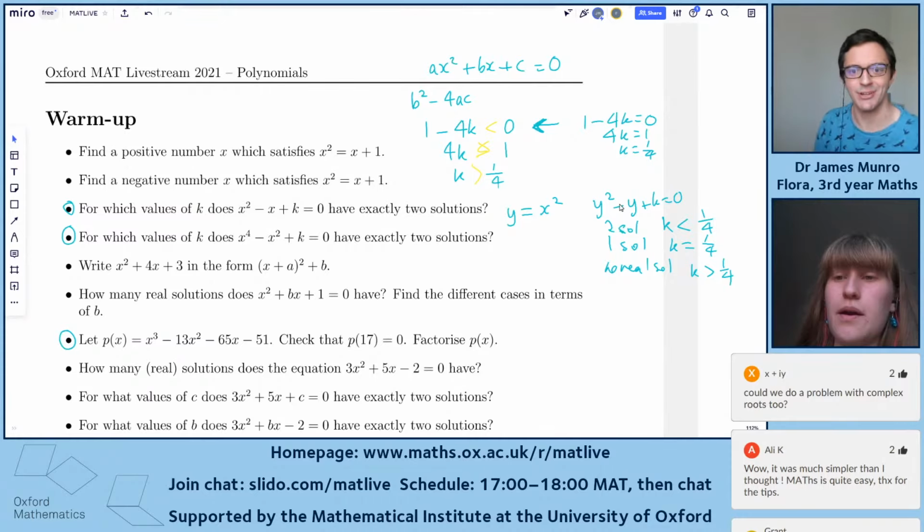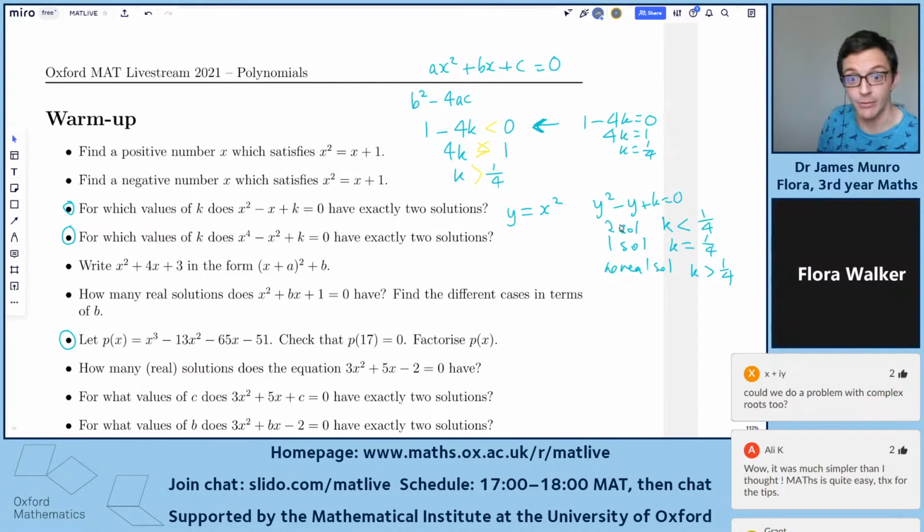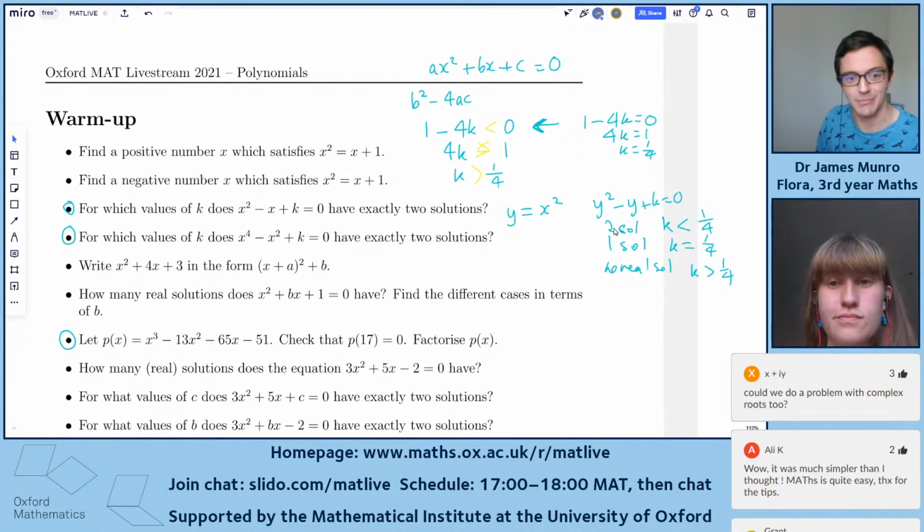So I've got to be really careful. It could also be complicated if one of them is 0, because then I'm taking plus or minus square root of 0. So within this two solutions bit, there's actually a fair number of possibilities.